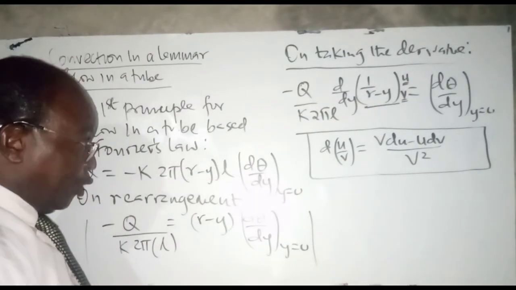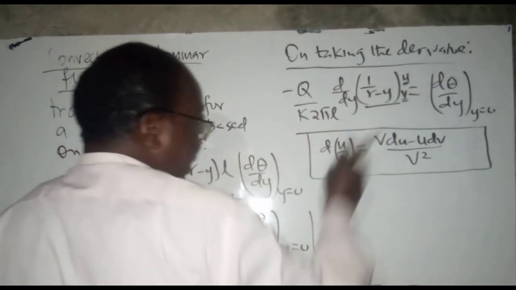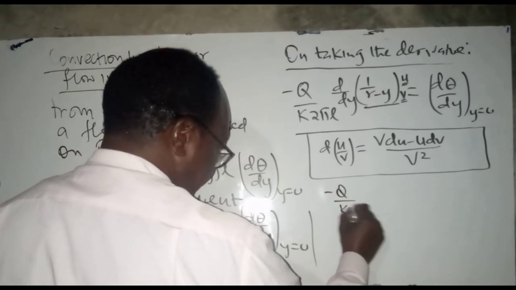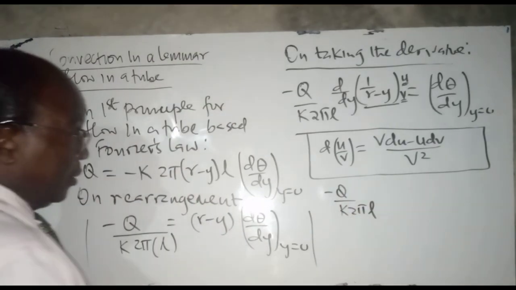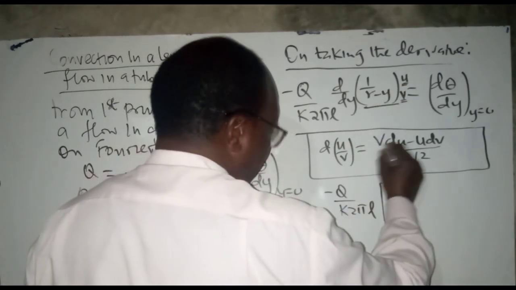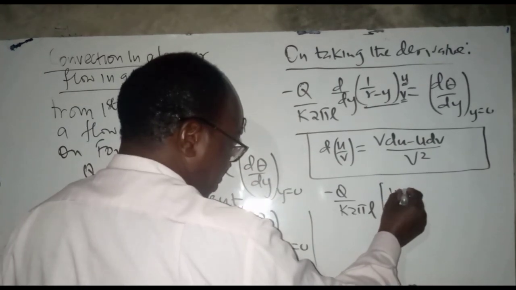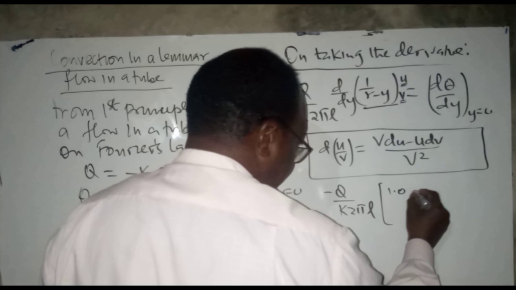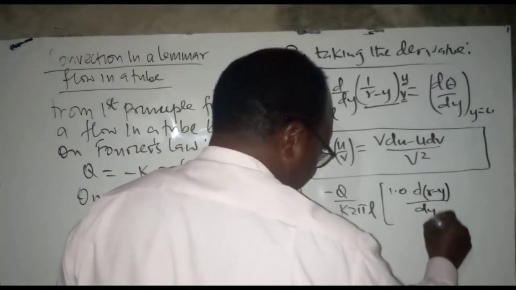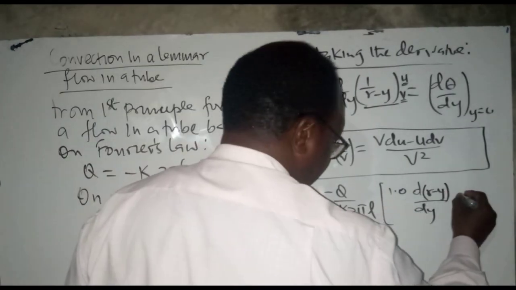So if we apply that, we have minus q over k 2 pi l.